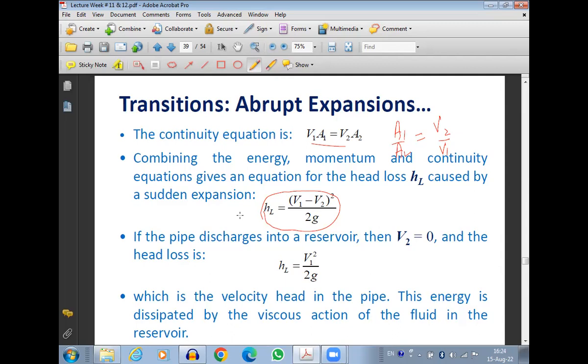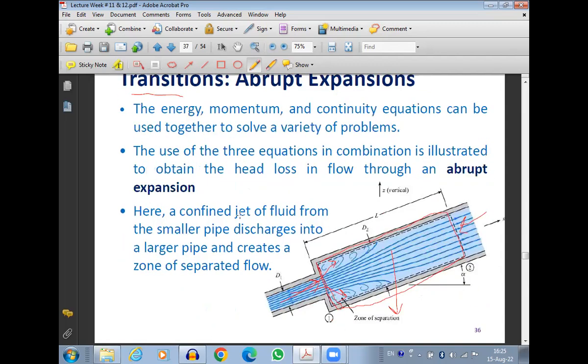Now, in this case, if a pipe discharges into a reservoir, suppose the larger pipe is a very big pipe, like a reservoir, like a tank. In that case, the velocity in that big pipe will be considered very, very small compared to the smaller pipe, so its square will be negligible.